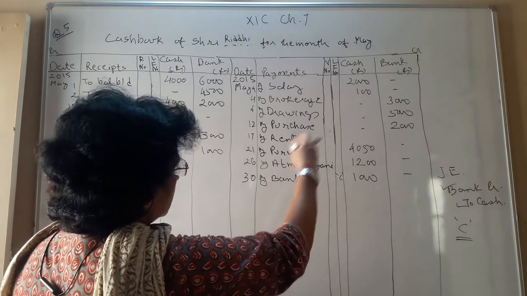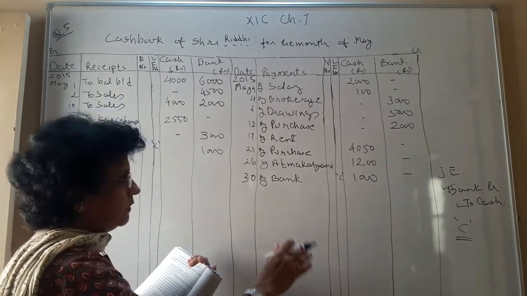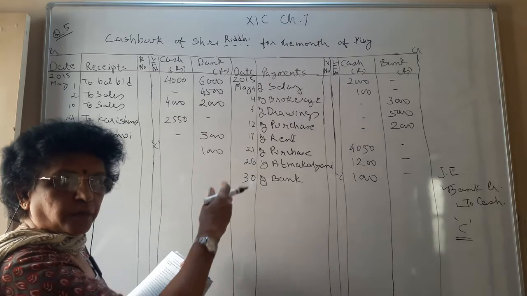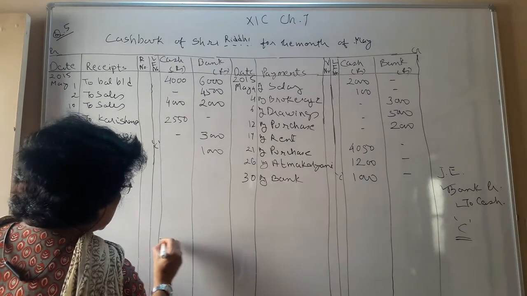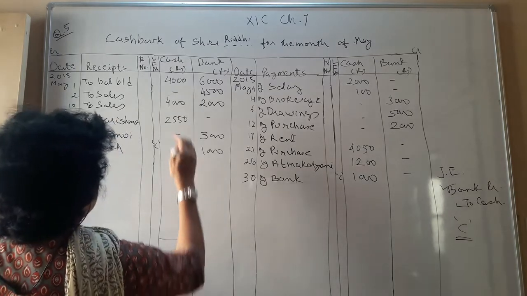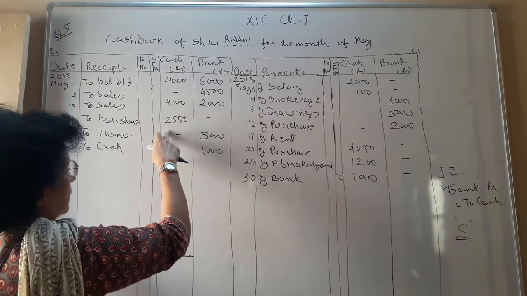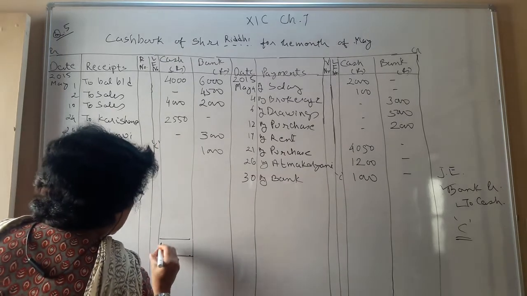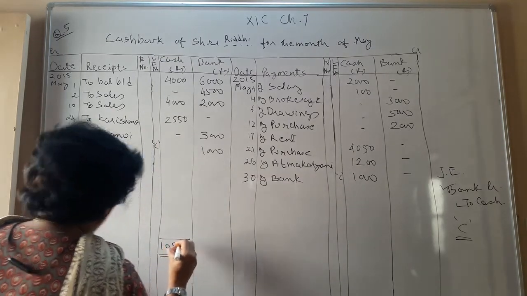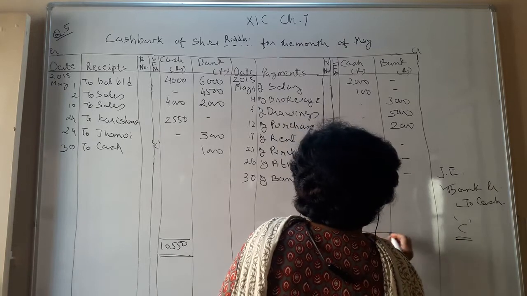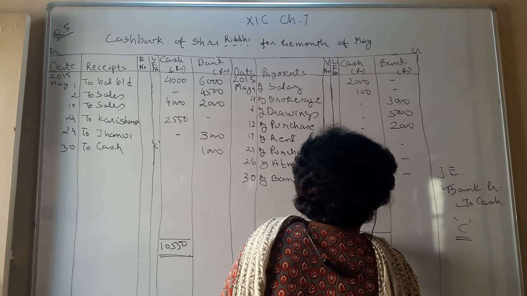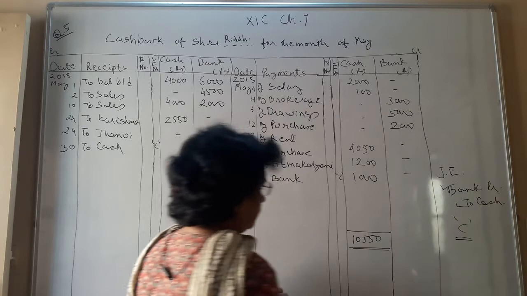After completing the posting of all, we have to close the account. The higher side total is to be done. First, the higher side total of the debit side, 4 plus 4, 8 plus 2, 10,550. Write the same on the credit side of the cash column, 10,550.